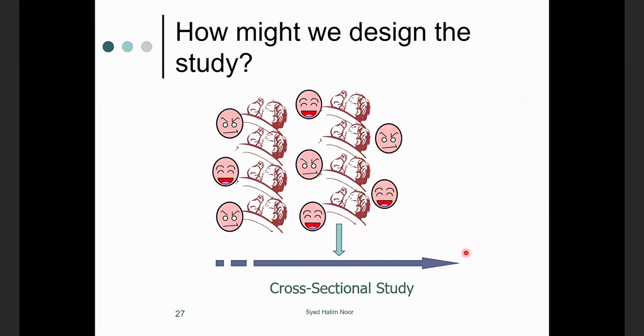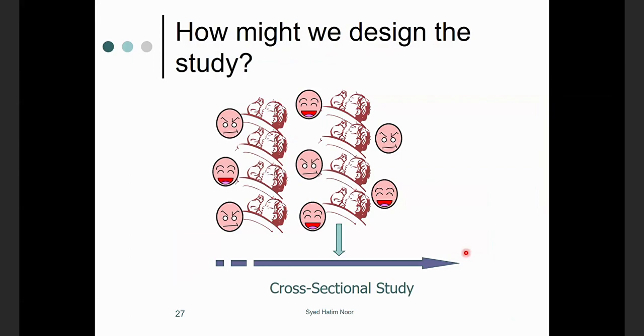Since the disease has already happened, you cannot measure incidence or relative risk, so you can only measure the odds ratio. Both are for common disease. When you have a rare disease, you cannot use these two designs. You need to use the case control study, which is interested in exposure. It also cannot measure incidence, so you can only measure the odds ratio.